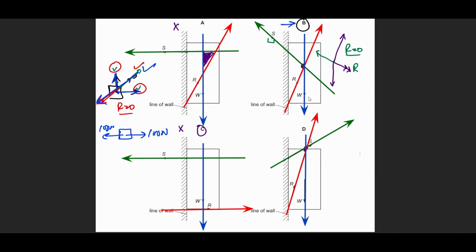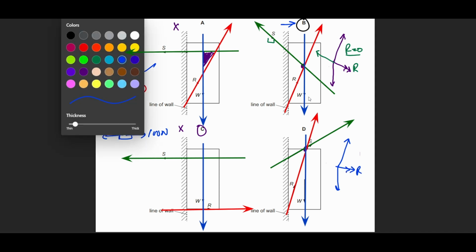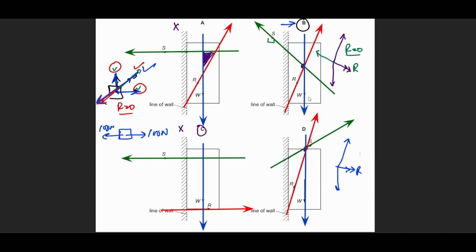In option D, if you try to apply this, you will not find a solution like this one. If you apply the red vector in this direction and the blue vector in this direction, the resultant will be in this direction because of both of them. If you involve the third vector, which is the green one, you realize that it is actually in this direction. So the resultant and this vector combined are going to produce a resultant in this direction.